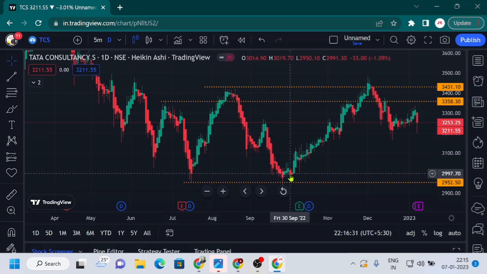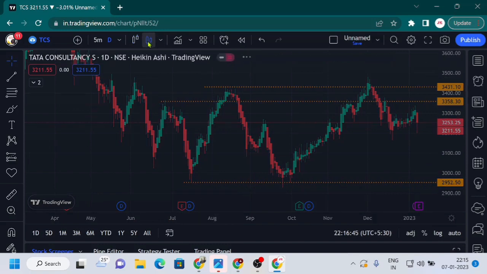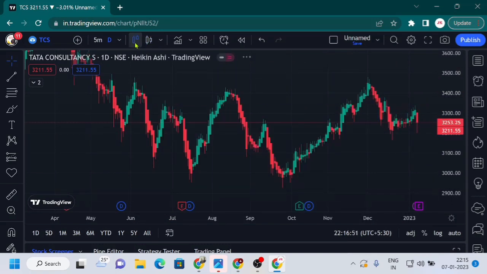Even though you are seeing a red candle here, you can see more clarity in this chart. You see here you can see more clarity. I will switch to the normal candlesticks. You see the difference between the normal candlesticks and Heikin Ashi candlesticks.